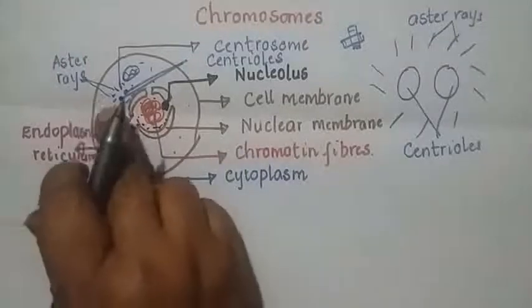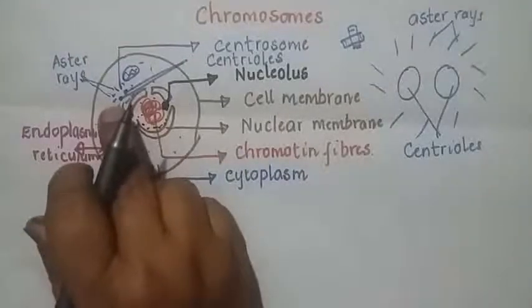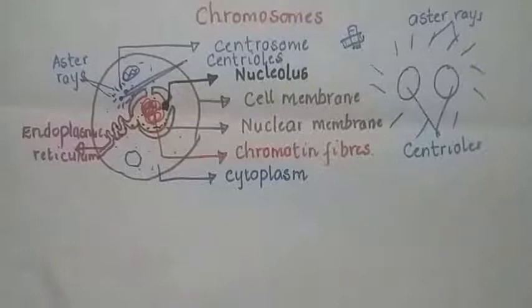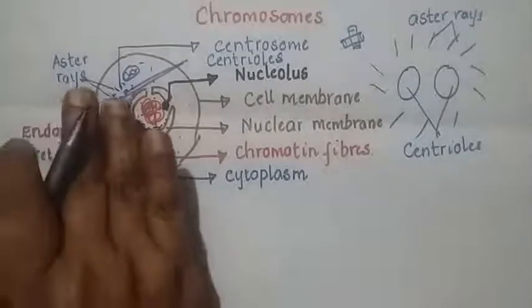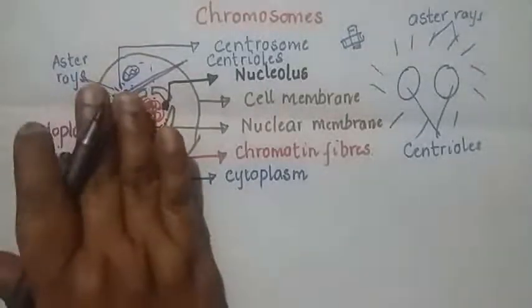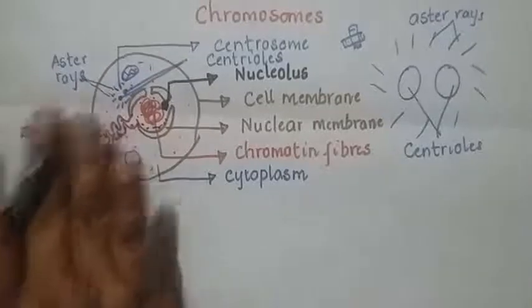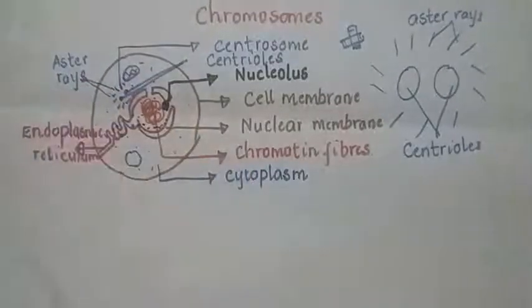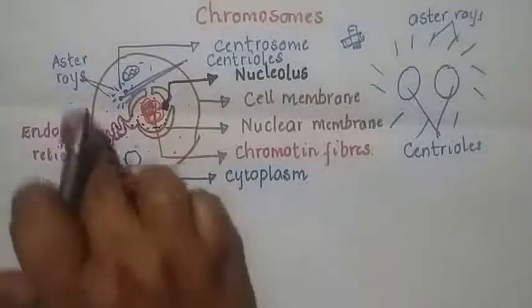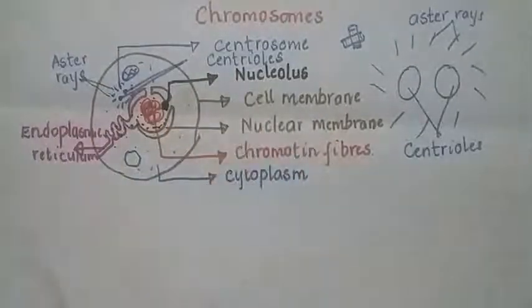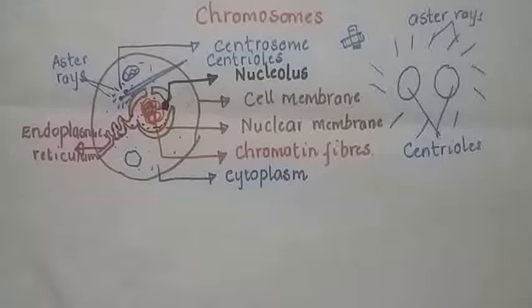And we don't find the centrosomes in plant cells. They have microtubules which are found in the cytoplasm. So when you draw the plant cell, you can label it as no centrioles, no aster rays. But along with the cell membrane, they have one more layer around the cell membrane known as the cell wall.